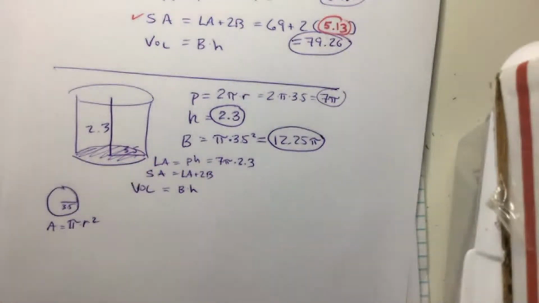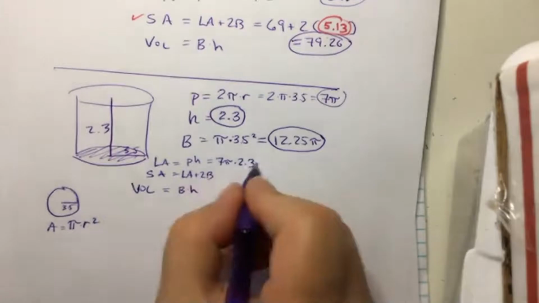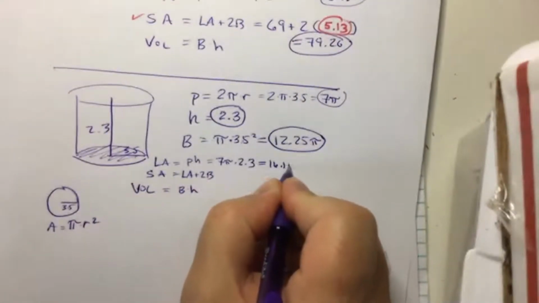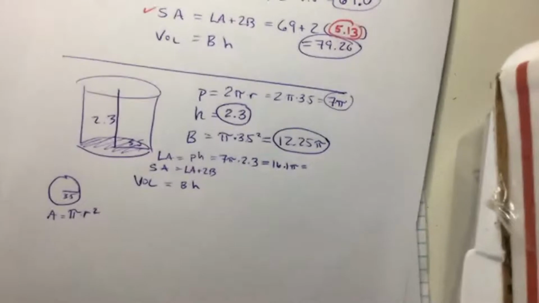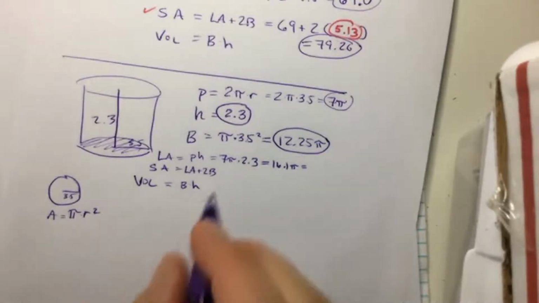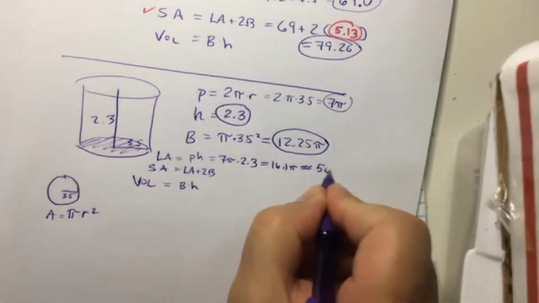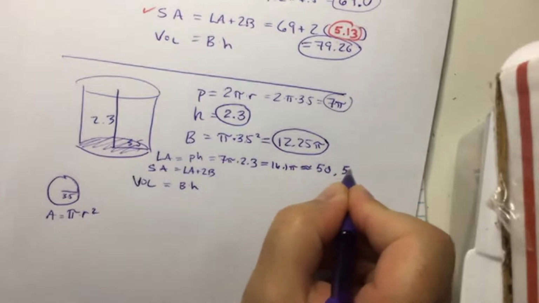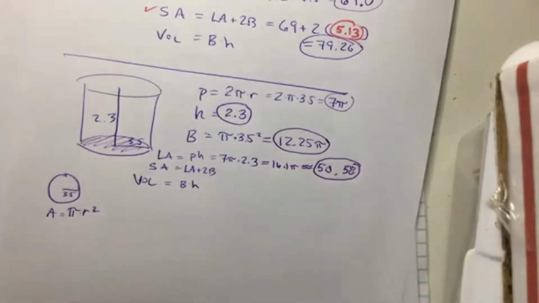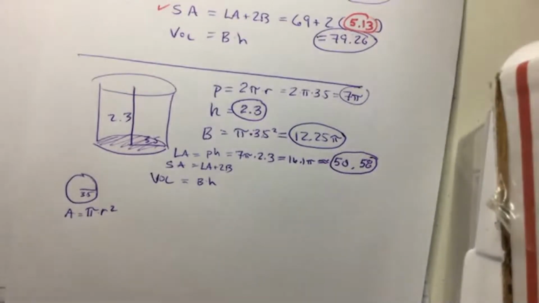In my case that would be 16.1 pi, but this wants it to be in decimals, so I'm going to multiply that times the pi button, 16.1 times the pi button, and I get approximately 50.58. Give me a moment for everybody to find the lateral area. Any questions on this?